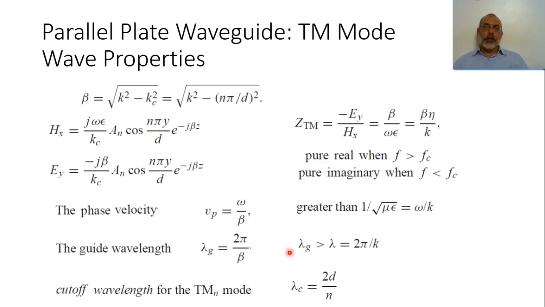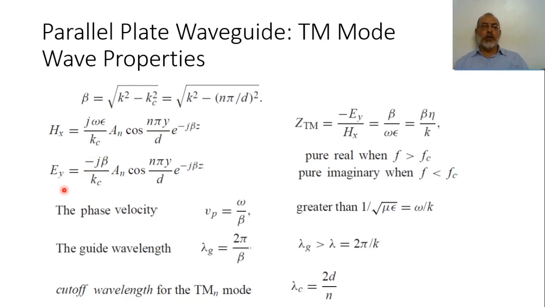For the case of the parallel plate waveguide, we said that the value of beta equals square root k squared minus kc squared, where kc is n pi over d, and the fields hx and ey are given by these equations.